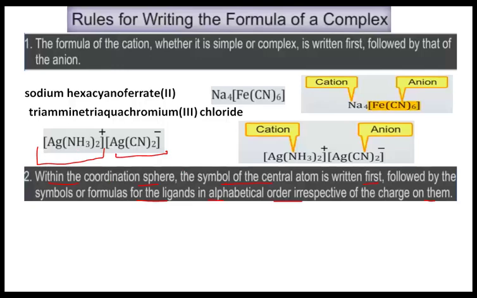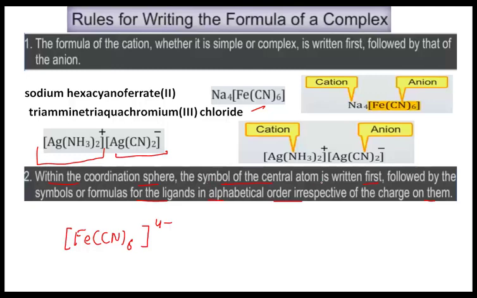What do we have to do? First of all, we will select a coordination sphere. For example, from the above example, we can take [Fe(CN)6] 4 negative, right? So whatever is the coordination sphere, whether it is cationic or anionic, how to write within the coordination sphere.